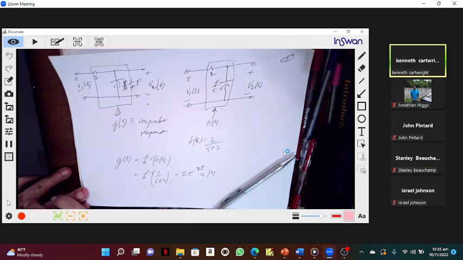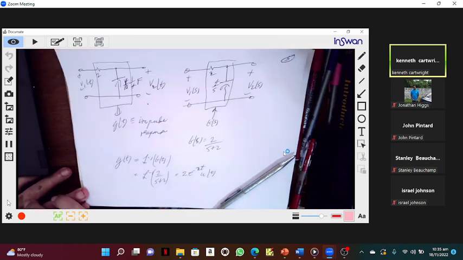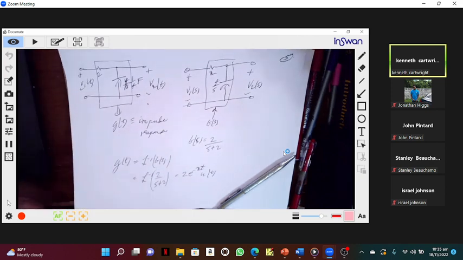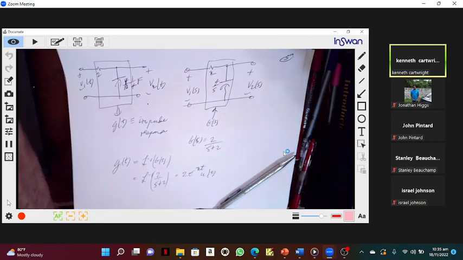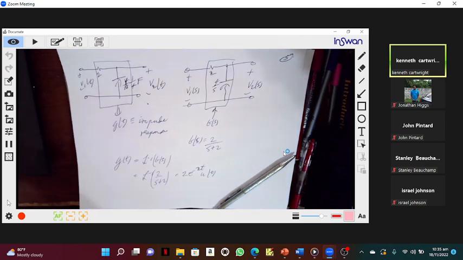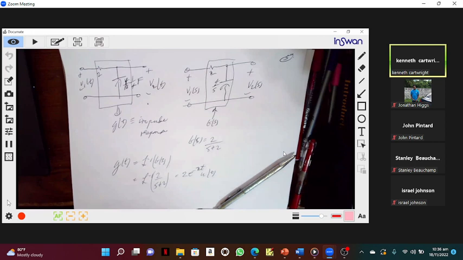So that's something you learned today. Transfer functions: you should have known V of S, the output V2 of S divided by the input V1 of S. We know that from 235, but in 235, we were talking about phasors. The only new concept today is impulse response.